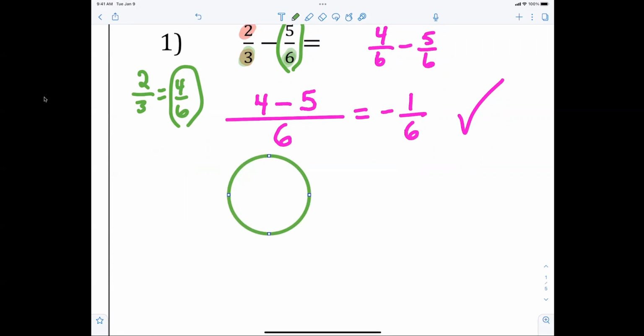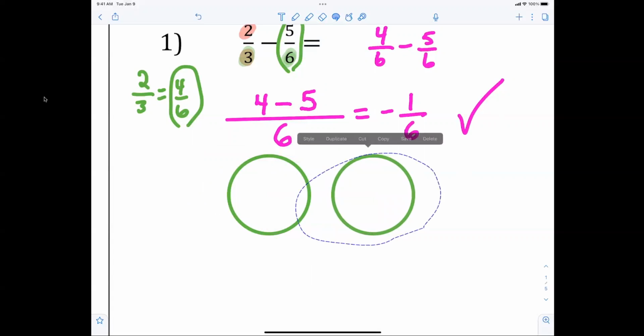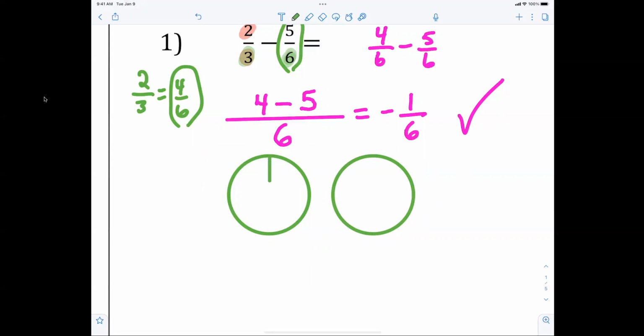Now remember, I always try to tell everybody I learned fractions using pizzas. All right. So I'm going to make 2/3. Everybody's watching me make 2/3. And then I'm going to shade in 2/3. Does everybody understand that represents 2/3, right?